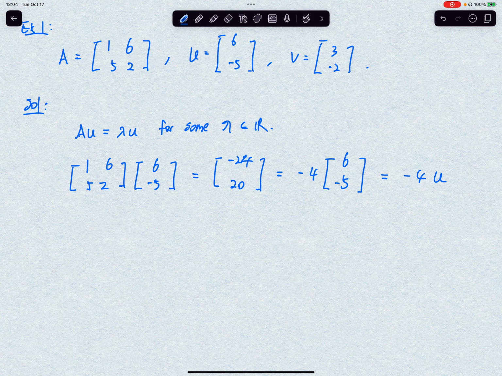And now let us check v. We do the same for v, and we have 3 minus 12, which is minus 9, and on the second row, we have 11.